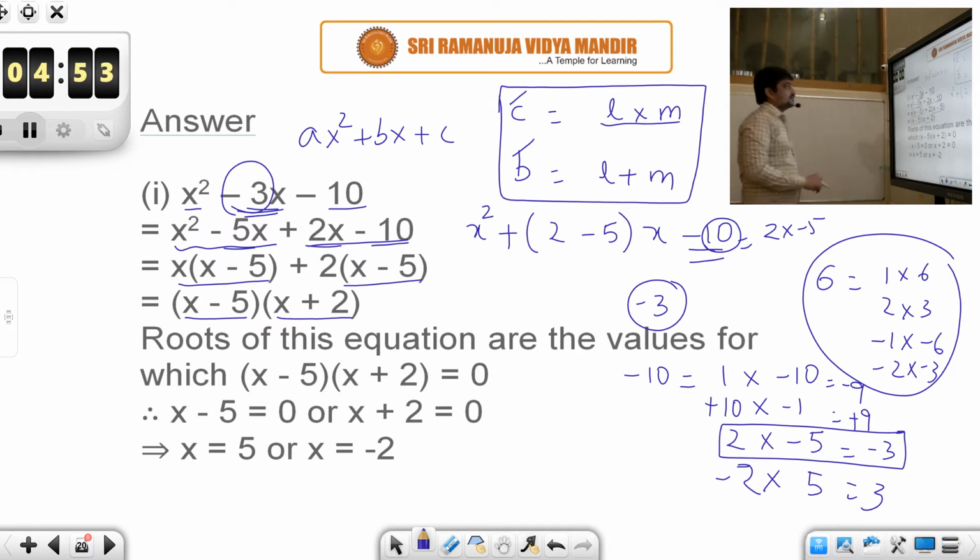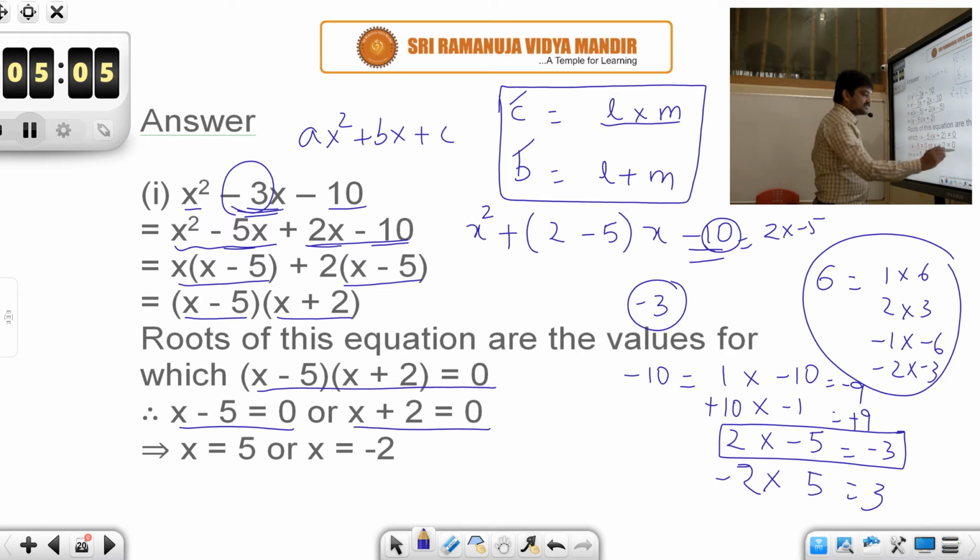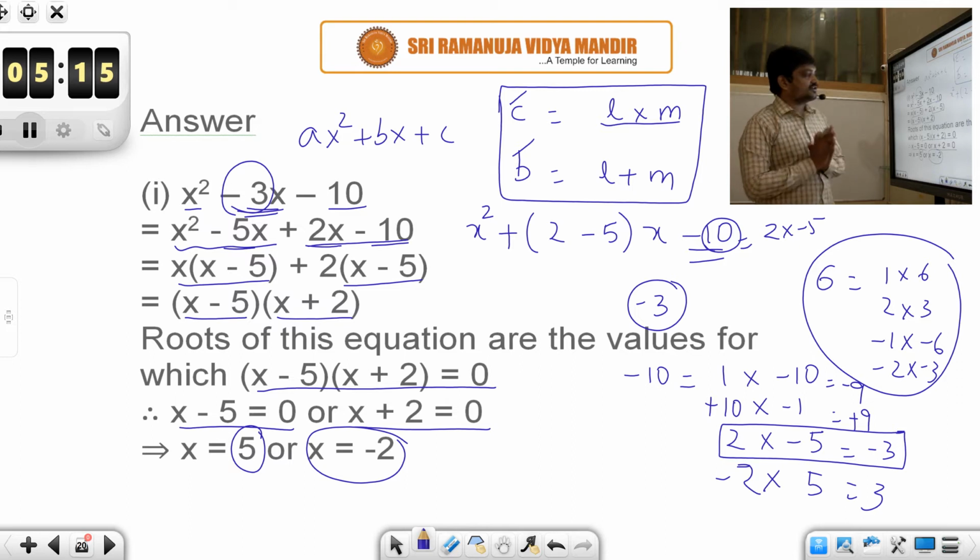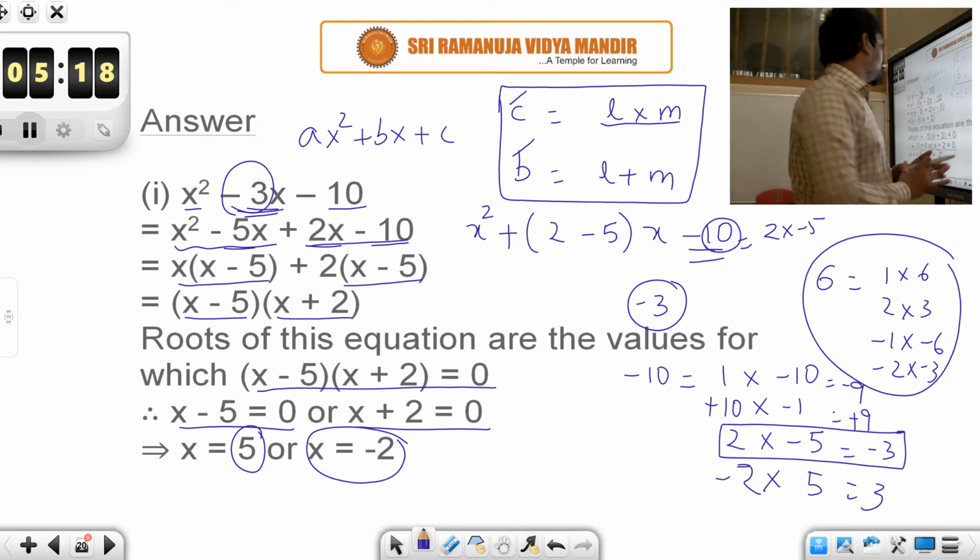So the roots of this equation are the values for which this becomes 0, and a product of two numbers becomes 0 means either one of them should be 0. So x minus 5 should be 0 or x plus 2 should be 0. x minus 5 equal to 0 means x is equal to 5. x plus 2 equal to 0 means x is equal to minus 2. So we have solved this example using the method of factorization.